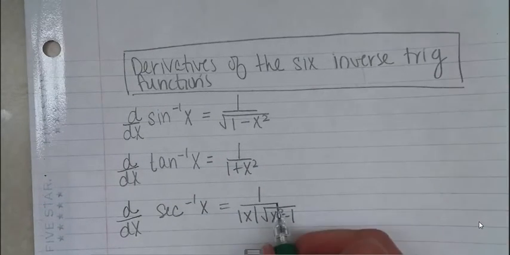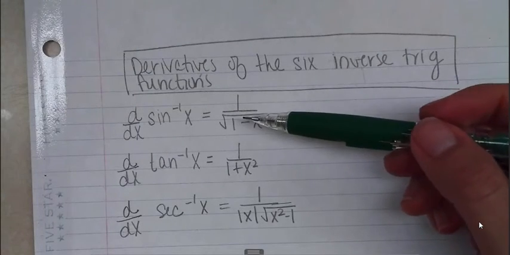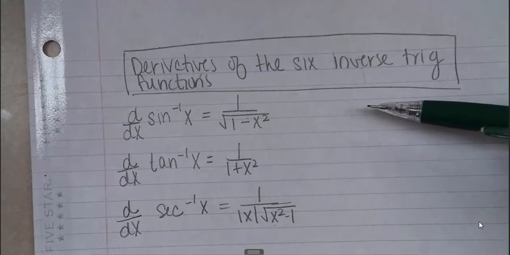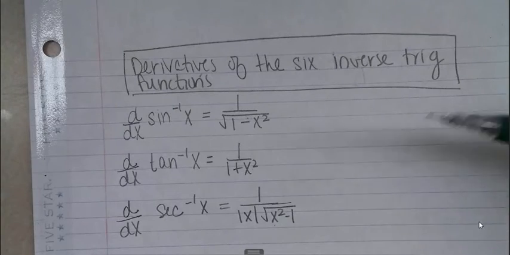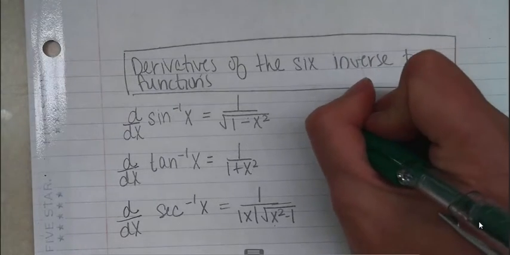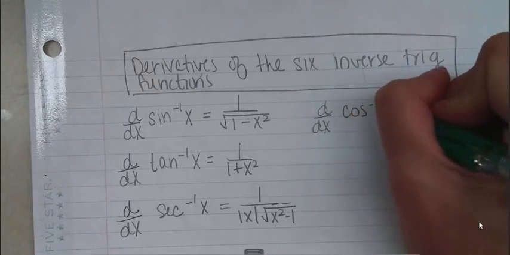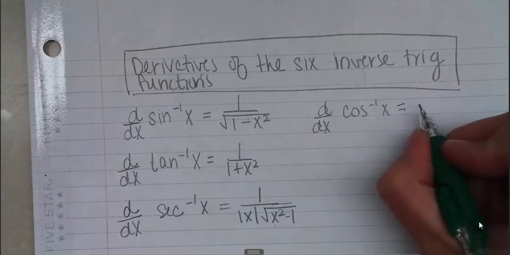Okay, and now I'm going to do all of the c's, because guess what happens to these? They're basically going to be the exact same thing, but every time we take the derivative of one of our trig functions with a c, it becomes negative, right? So that's exactly what's going to happen here. The derivative with respect to x of cosine inverse will basically be the exact same thing, just with a negative.